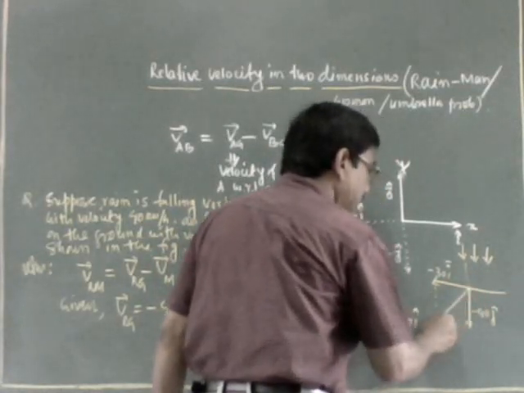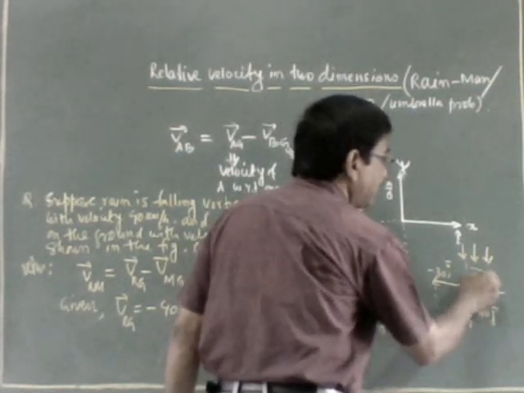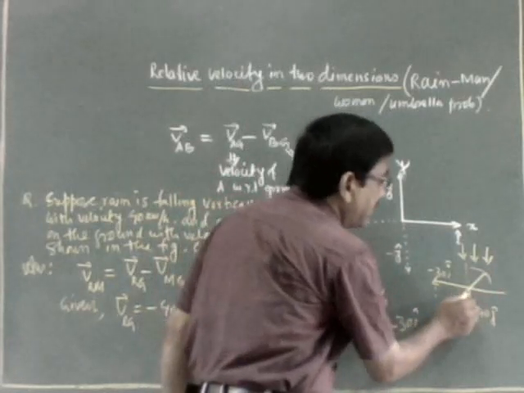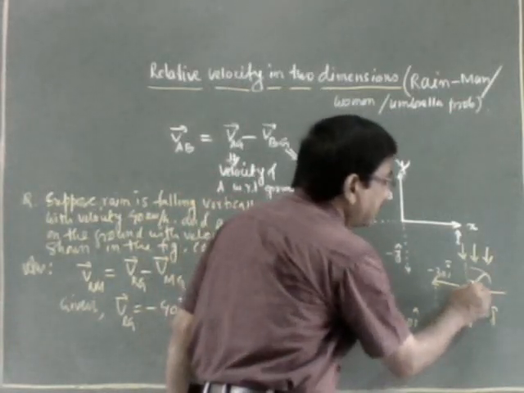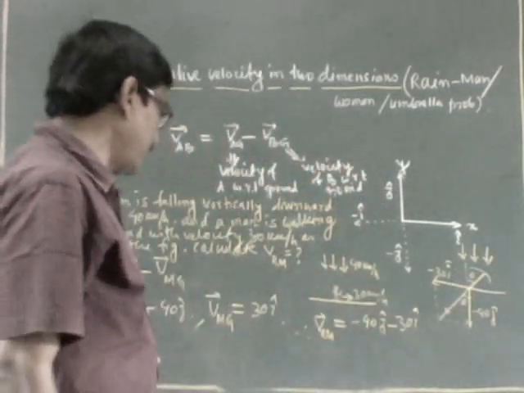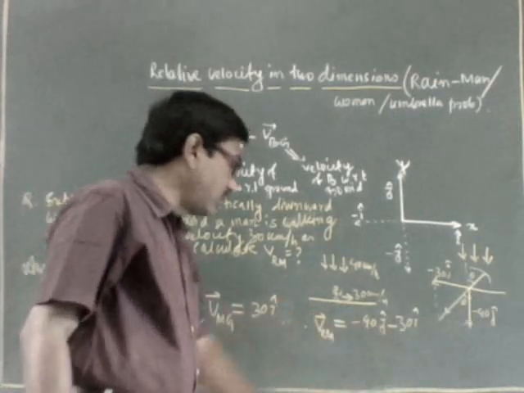In which direction is the umbrella to be kept so that he will save himself? Suppose the umbrella is kept at an angle theta here. Then you have to find theta, and you have to find velocity of rain with respect to man. So VRM is equal to this.